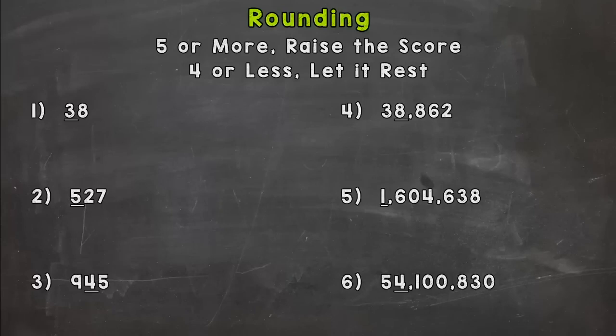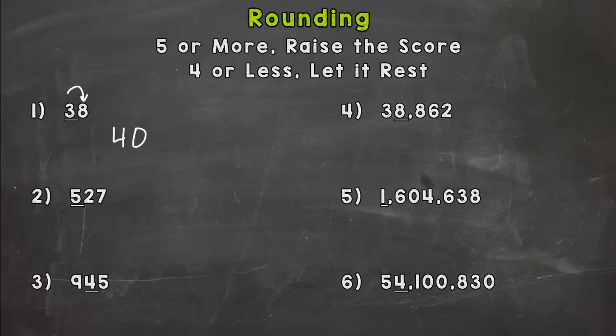So let's take a look next door. We have an 8. So does that tell the 3 to rest, stay at 3, stay at 30, or round up to 40? 5 or more, raise the score. Well, 8 is more than 5, so we round up. So our rounded number would be 40 for number 1.